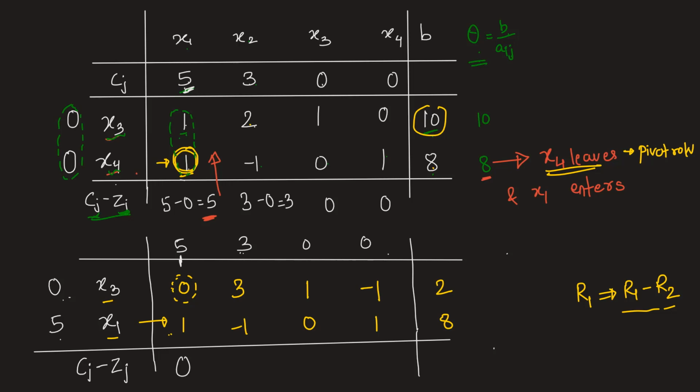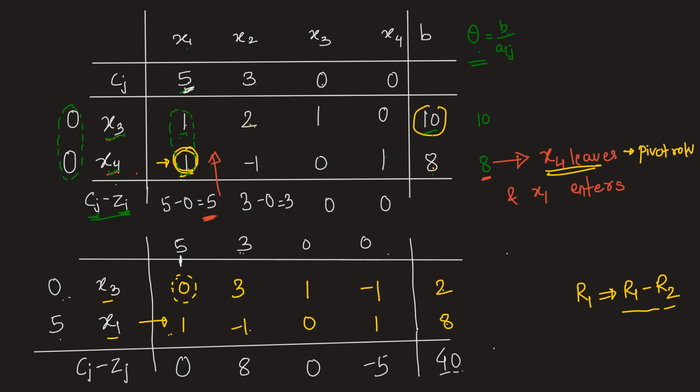Then we have 3 minus 3 into 0 plus minus 1 into 5. That is 3 minus minus 5, which is 8. Then we have 0 minus 1 into 0, 0 plus 5 into 0, 0. So we'll get 0 itself. And the last one will be 0 minus 1 into 0 is 0 plus 1 into 5 is 5. So 0 minus 5 is minus 5. Here doing the same thing, we have 2 into 0, 0 plus 8 into 5, 40.